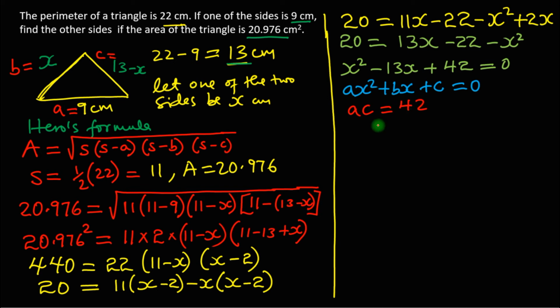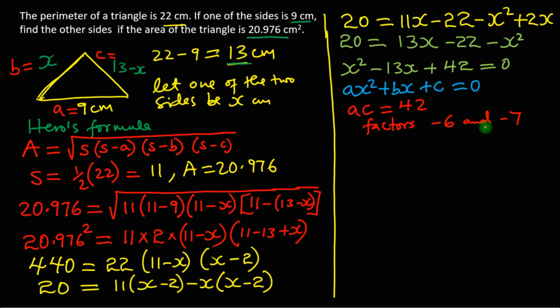So factors, we get two factors. In those two factors we have 6 and 7, but remember we have a negative sign, so the same factors we can have minus 6 and minus 7. The two, when you multiply them, we get 42.